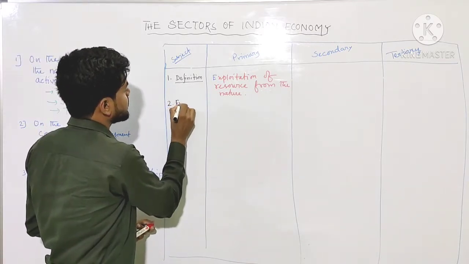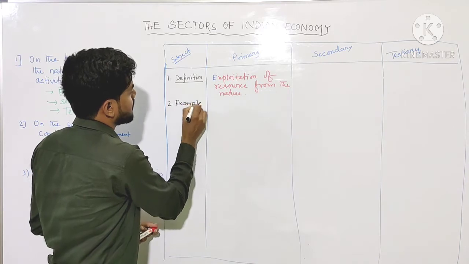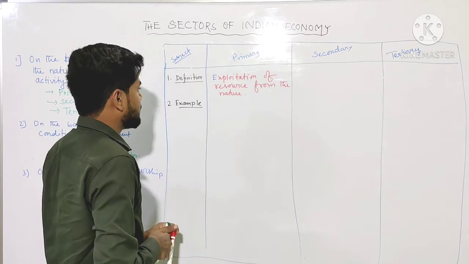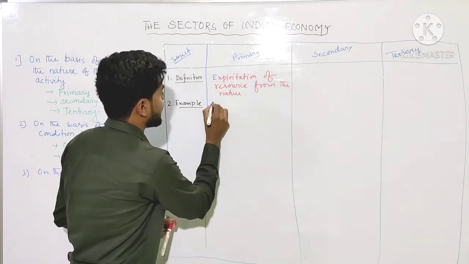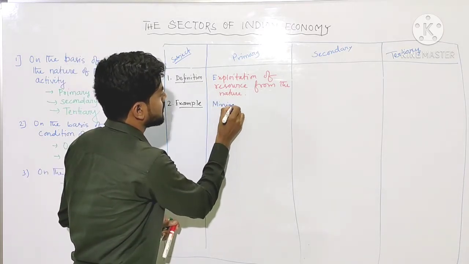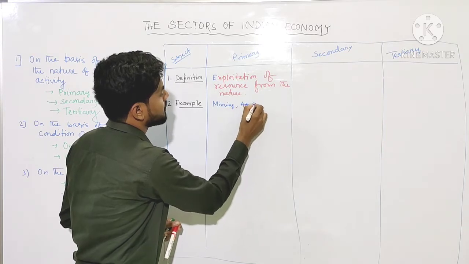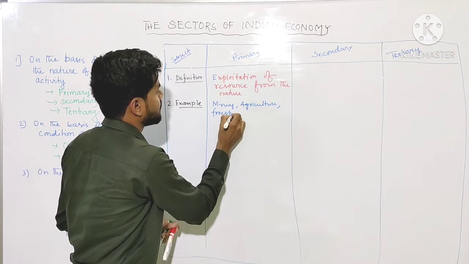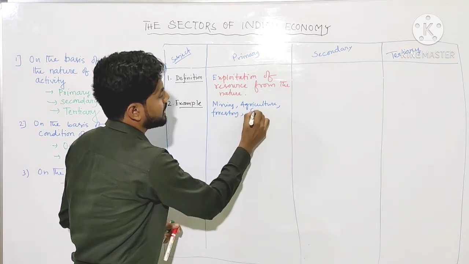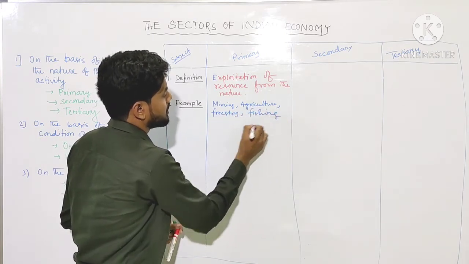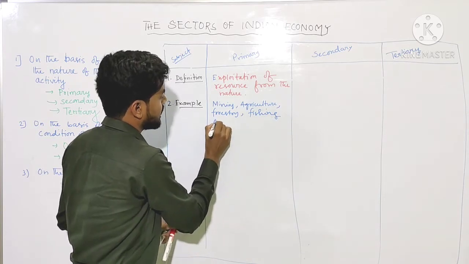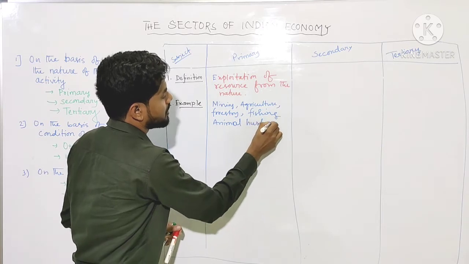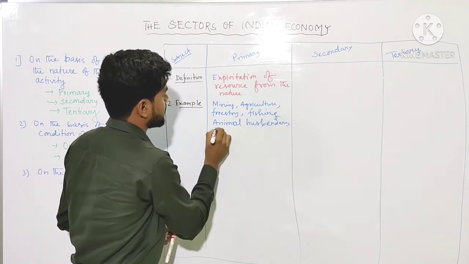Second, we see the examples. In examples: mining, agriculture or cultivation, forestry, fishing, animal husbandry, etc.